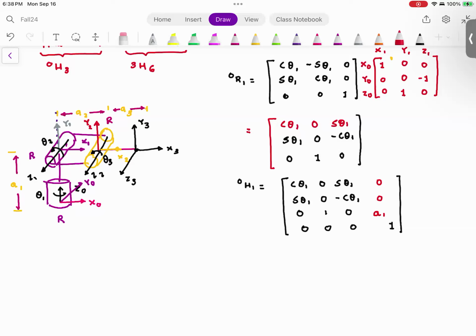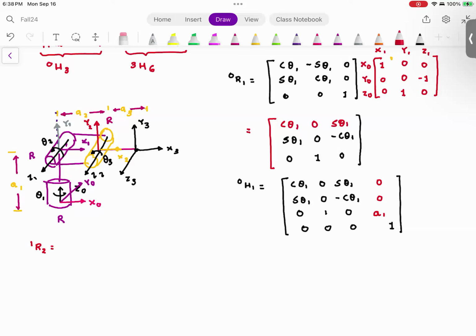So this is my first homogeneous transformation. Now I'm going to go for the second homogeneous transformation. Same story repeat, 1R2. Are you with me?